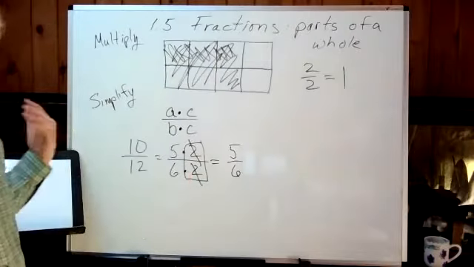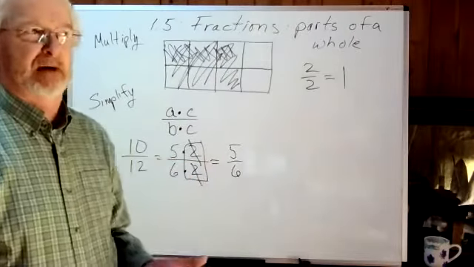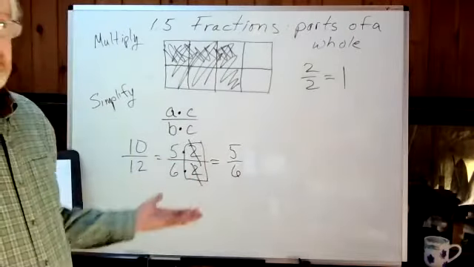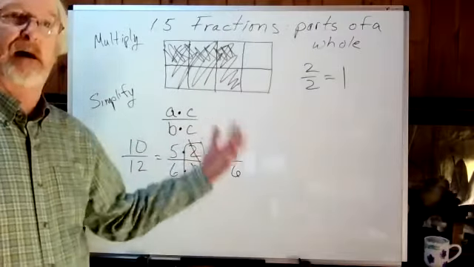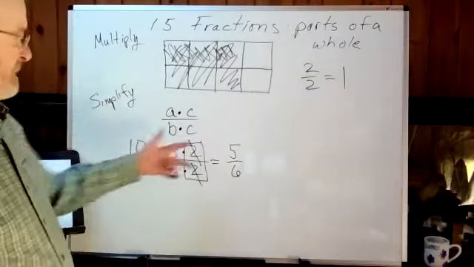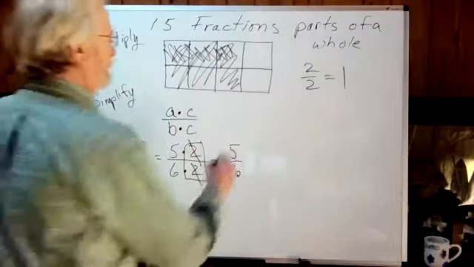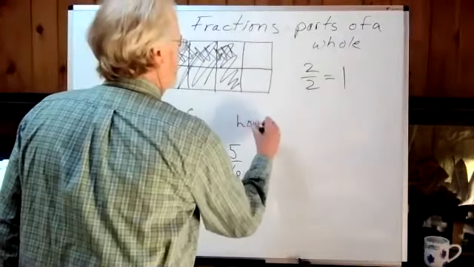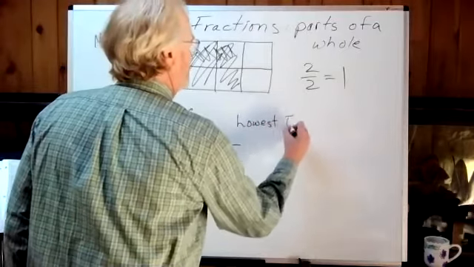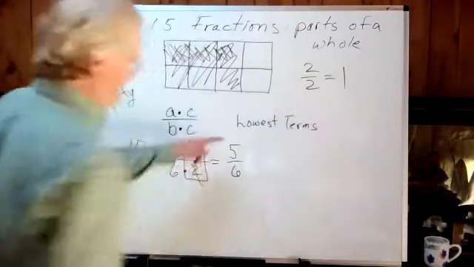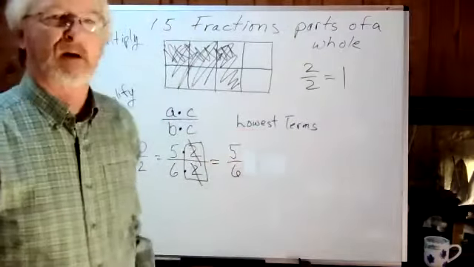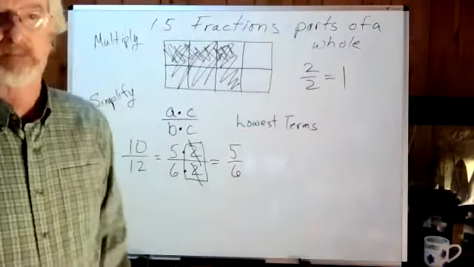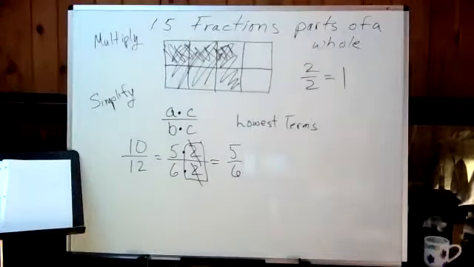What we're doing is going backwards from that equivalent fraction. These two fractions, the original 10/12 and 5/6, are equivalent. This one has been reduced, or you've probably heard the phrase, lowest terms. These two terms, top and bottom, are the smallest numbers that they can be and still be equivalent to the original one.